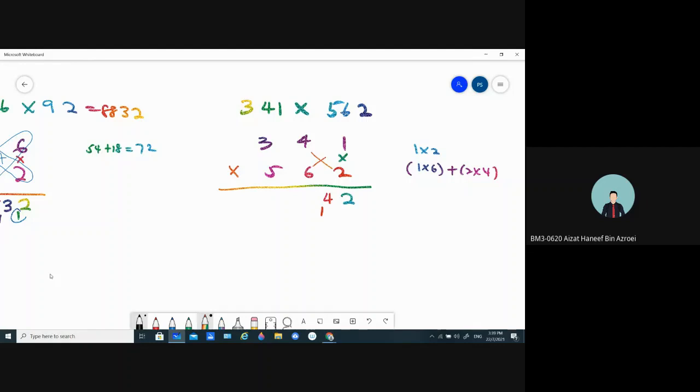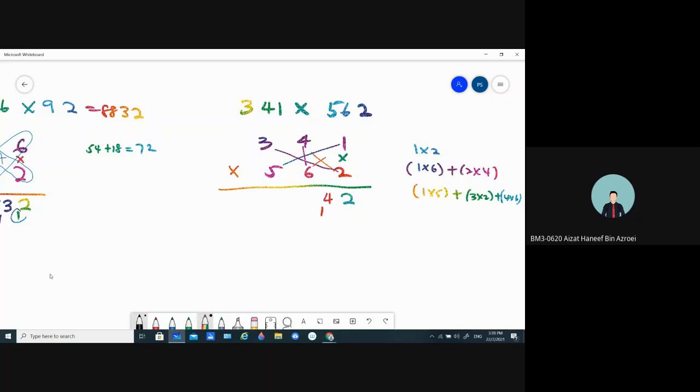Third step is 1 times 5 plus 3 times 2 plus 4 times 6. 1 times 5 plus 3 times 2 plus this.